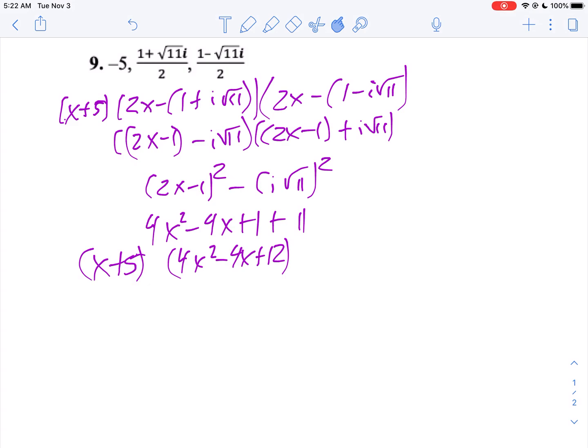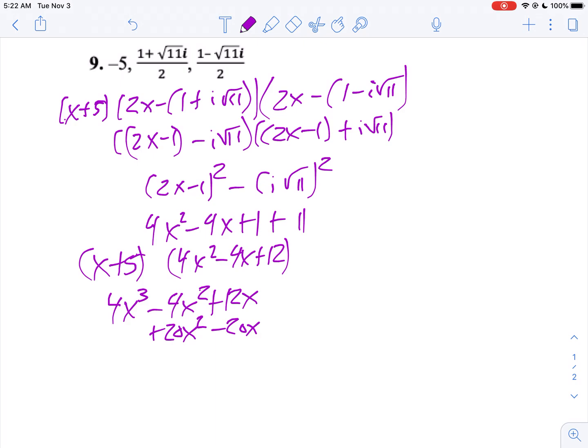So then we get 4x cubed minus 4x squared plus 12x. And then we'll distribute the 5, so we'll get positive 20x squared minus 20x plus 60.